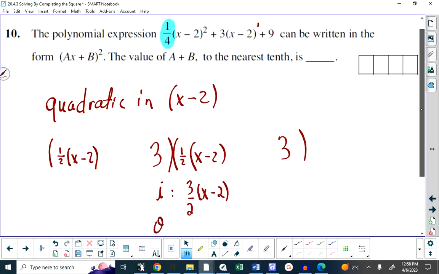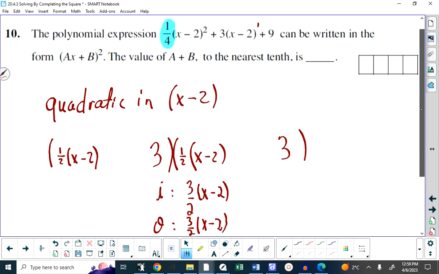My outer will also be 3/2 times x minus 2. And 3/2 is 1.5. If I have 1.5 pizzas plus 1.5 pizzas, I have 3 pizzas. So if I have 1.5 x minus 2's plus another 1.5 x minus 2's, then what I end up with is 3 of them. And we're not done, by the way.